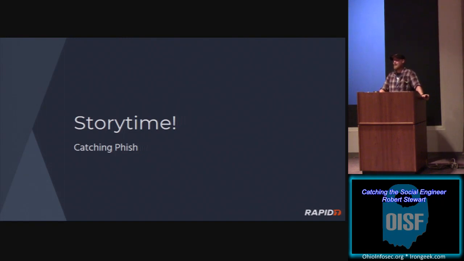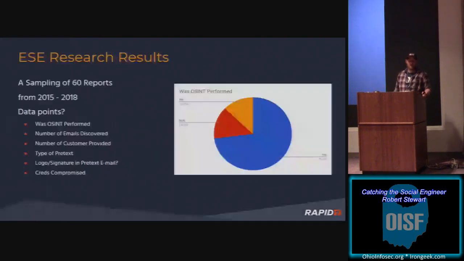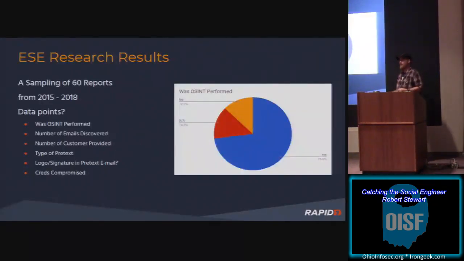One of the things that another coworker and I did is we started wondering about phishing attacks that we've done at Rapid7. What is working for us? What are our pen testers doing, and how successful are they with these different scenarios?